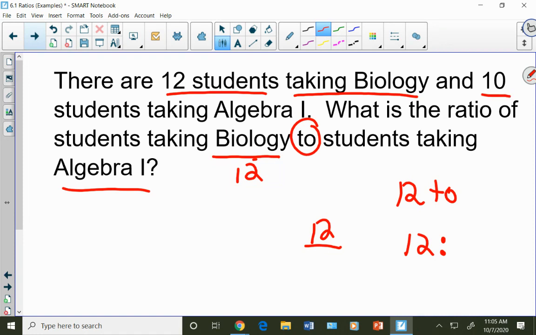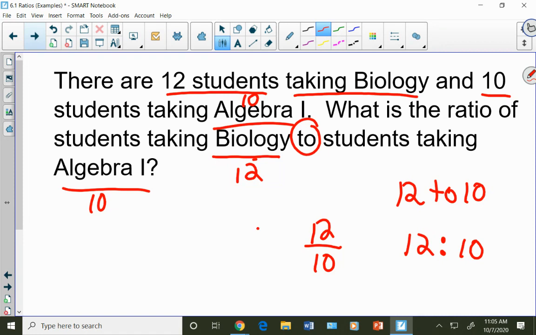Well, there's 10 taking algebra 1. That's where we get the 10. Okay, so the ratio of students taking biology to students taking algebra is 12 to 10.